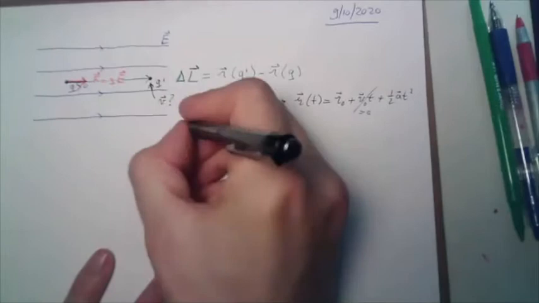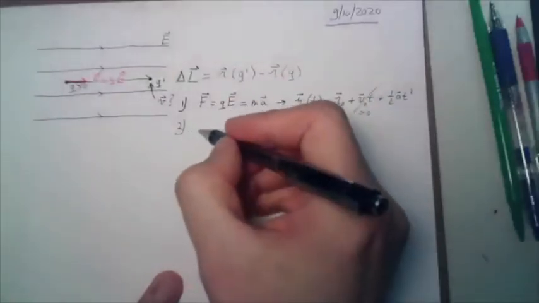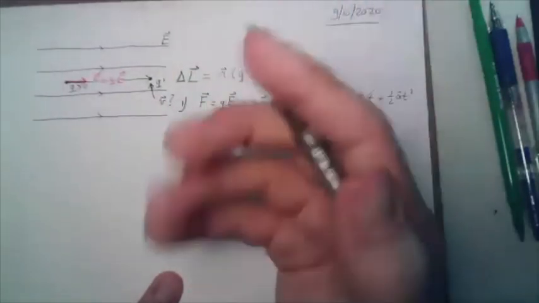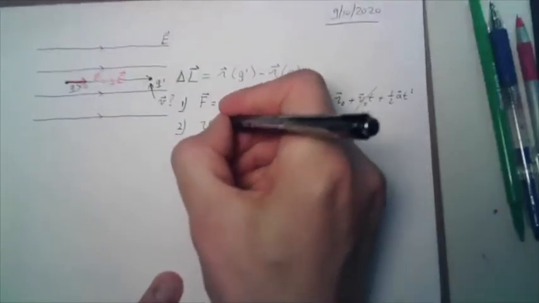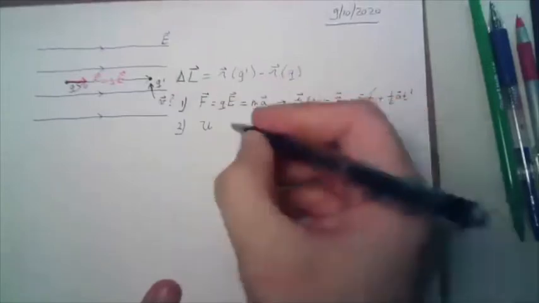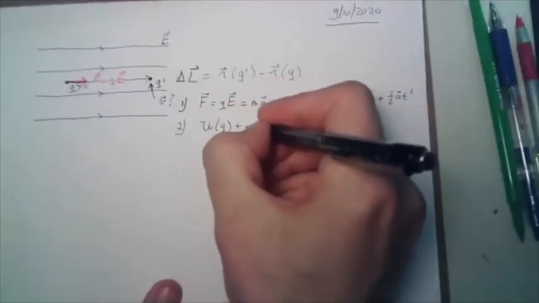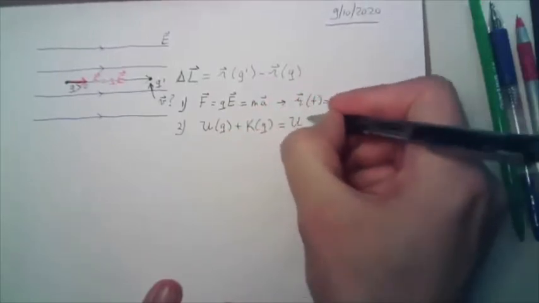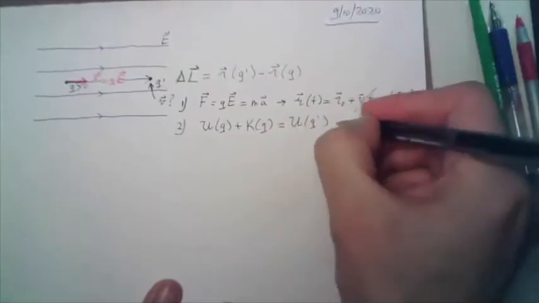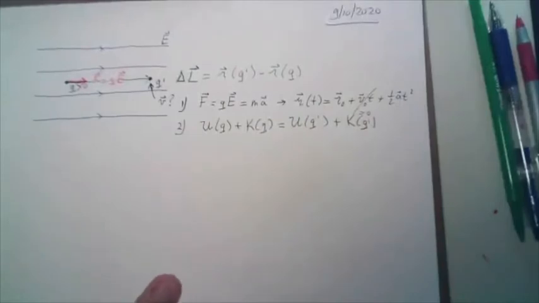So the other approach is this approach that you have probably seen in kinematics as well, and that is that there's a trade-off between kinetic energy and potential energy. So your potential energy in the initial position, so where we were at Q, plus the kinetic energy at Q is equal to the potential energy when it's at Q prime, plus the kinetic energy at Q prime.